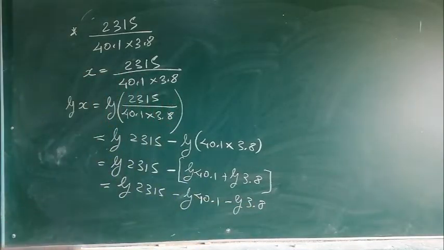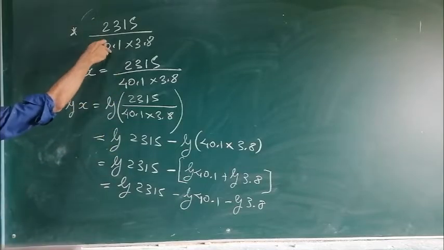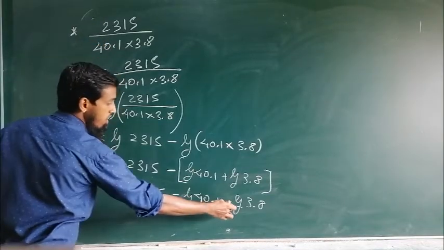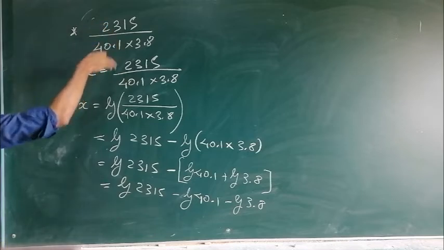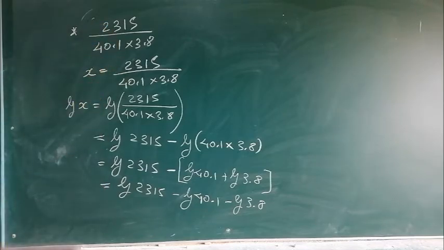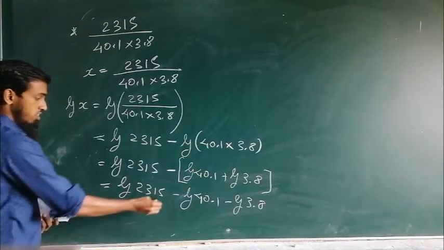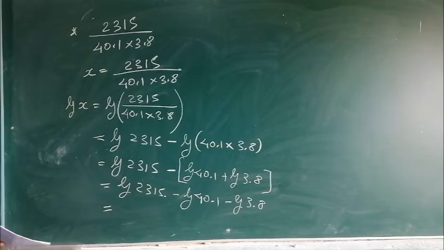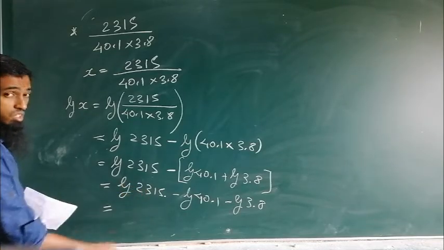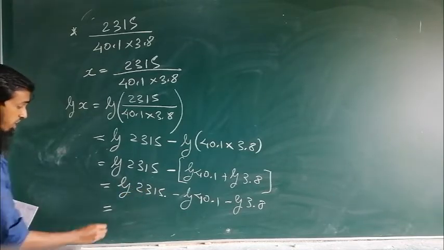Now we are done. We have created the LG sign with the given value. So now we can go for the logarithm. 2315, the decimal place is after the 5. We have 4 digits, so subtract 1.